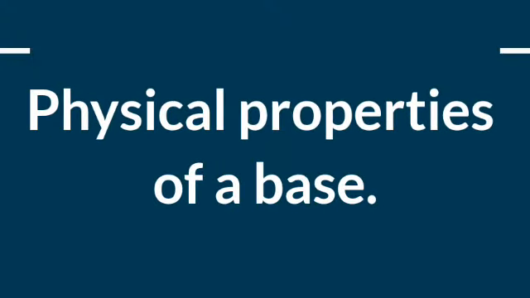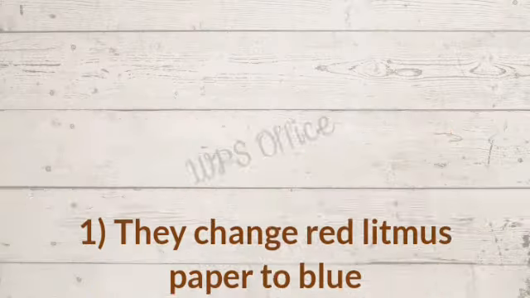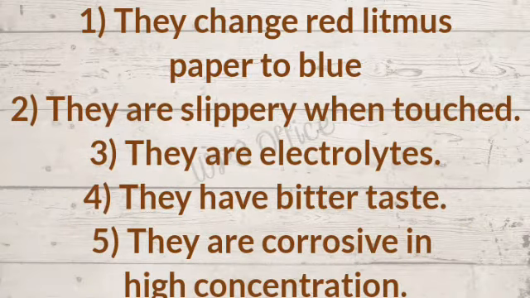Next, physical properties of a base. 1. They change red litmus paper to blue. 2. They are slippery when touched. 3. They are electrolyte, meaning they can conduct electricity. 4.